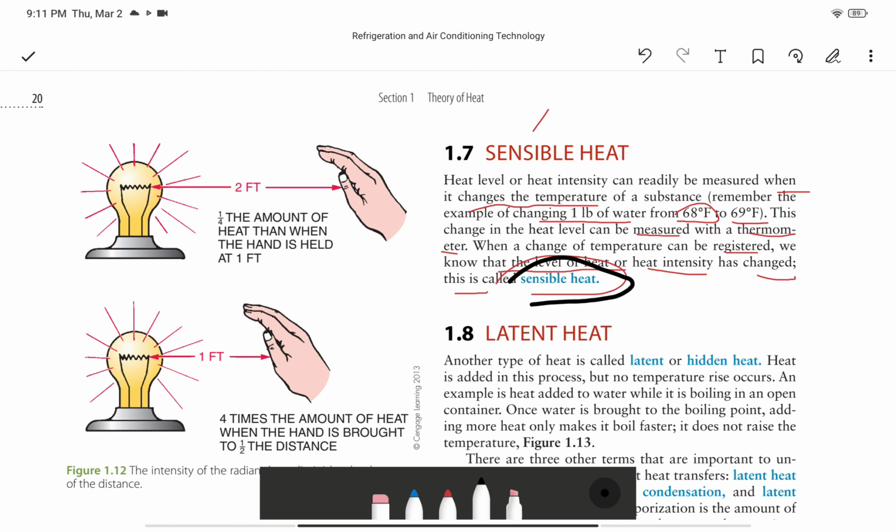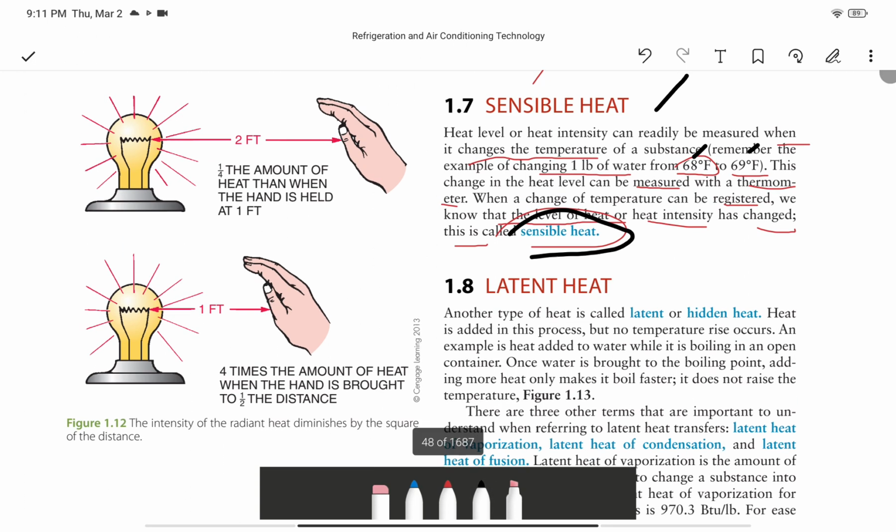So keep it in your mind. We have sensible heat, that is the heat that is capable of changing the temperature of a substance, or of water, from a lower degree to a higher degree of temperature.